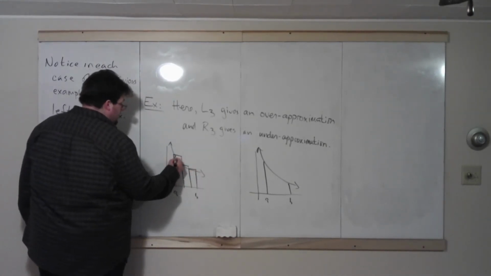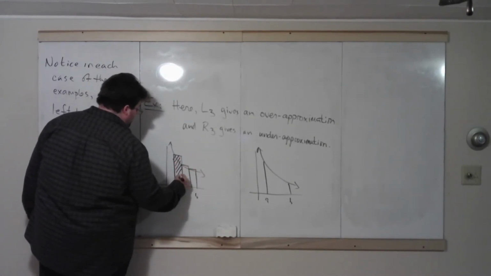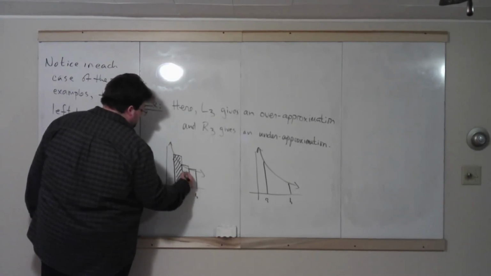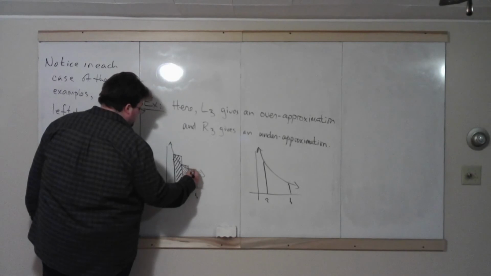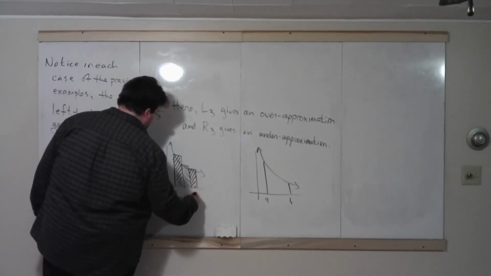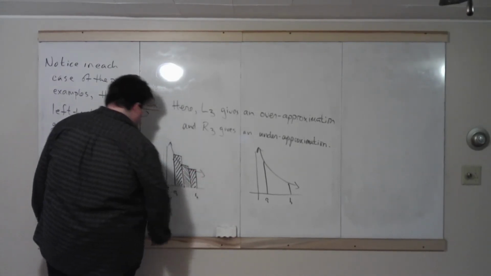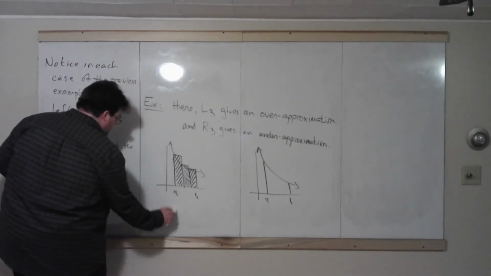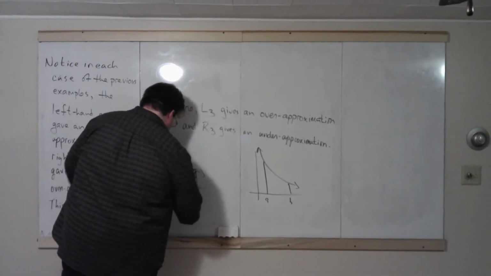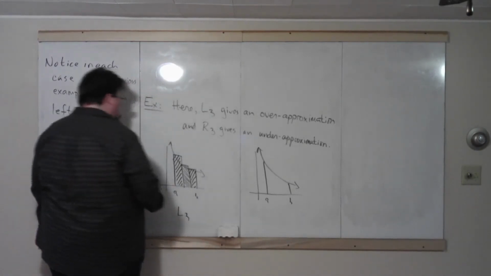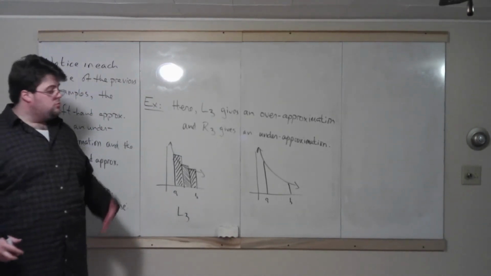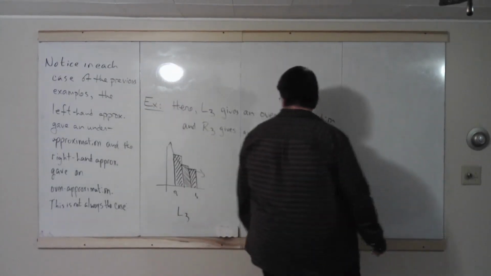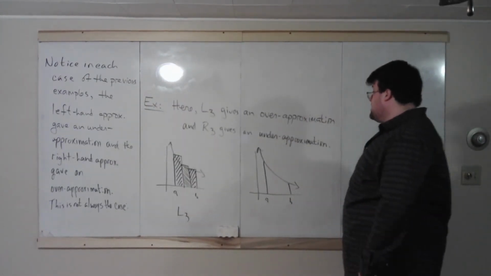So here, L3 looks like this. Notice here, L3, the rectangles go more than the exact area. And here, R3 is going to give an under-approximation.